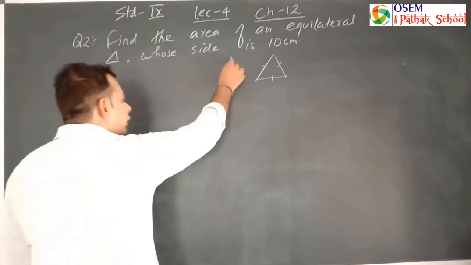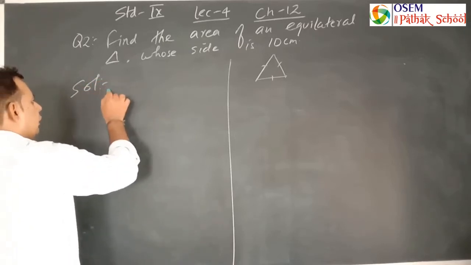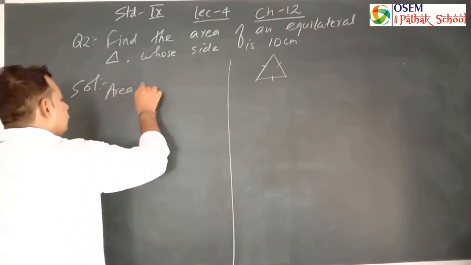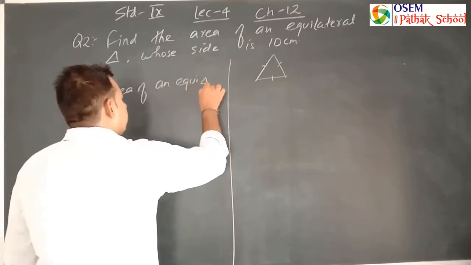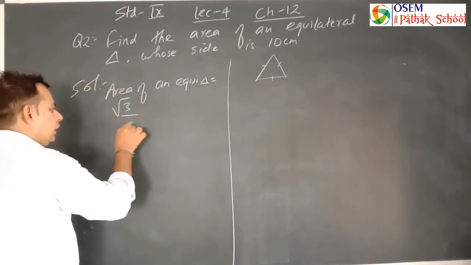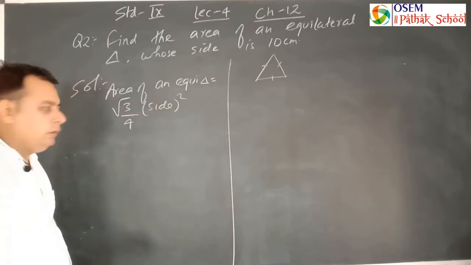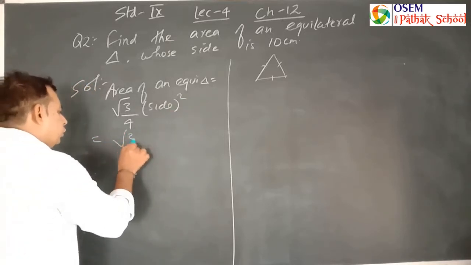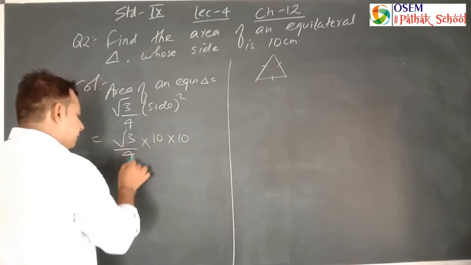So I'm applying over here. Solution is over here. Area of an equilateral triangle equals root 3 by 4 side square. Root 3 by 4, side is 10 into 10.